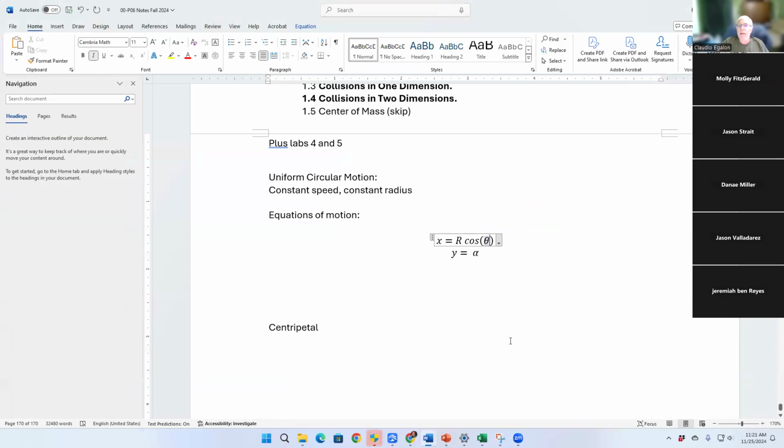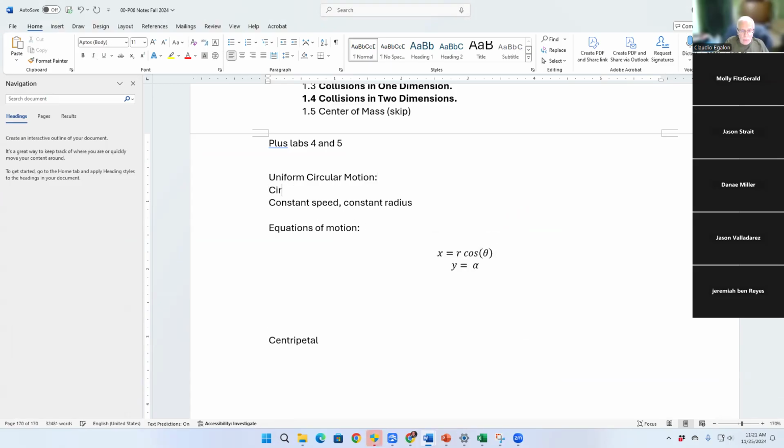R cosine of theta. Let's use lowercase r. Uniform circular motion, circle of radius r, constant speed, constant radius. The equation of motion is going to be like that. The y is going to be not cosine, but sine.